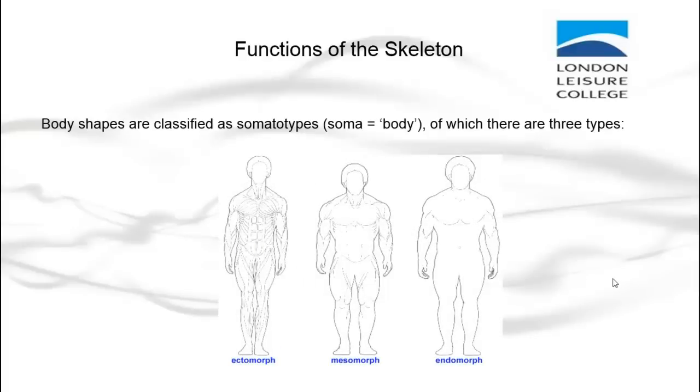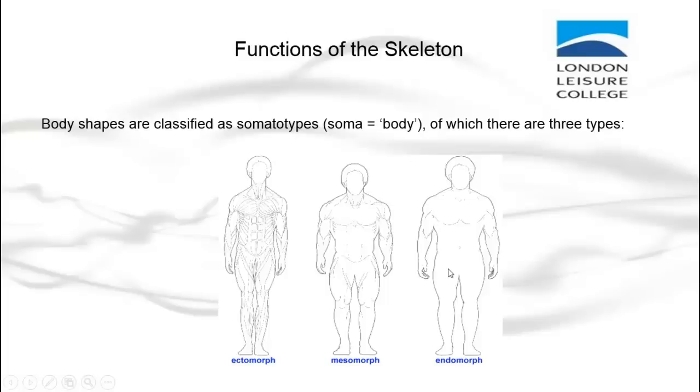Now from left to right you have ectomorph, which is the tall and thin shape. Then you've got the mesomorph, which is your traditional wide shouldered, narrow waist, triangular bodied shape. And then you've got the endomorph.